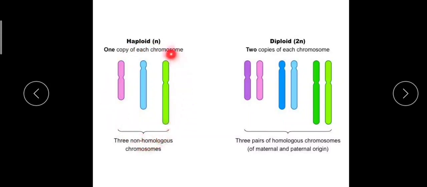Haploid cells will have a chromosome number that is exactly half of the diploid condition. See, here the total number is 6 and here it is 3. One from this, one from this and one from this forms the haploid. I hope you are clear on these two terms.